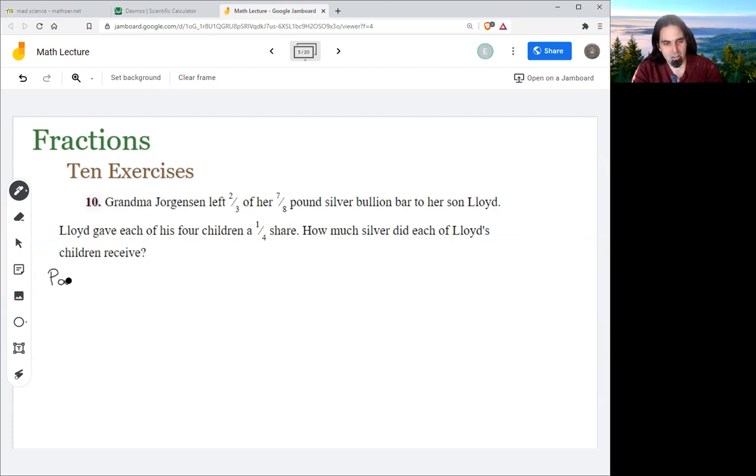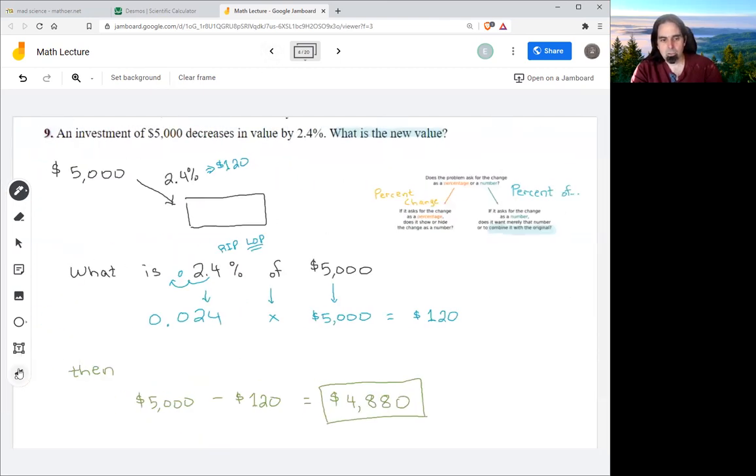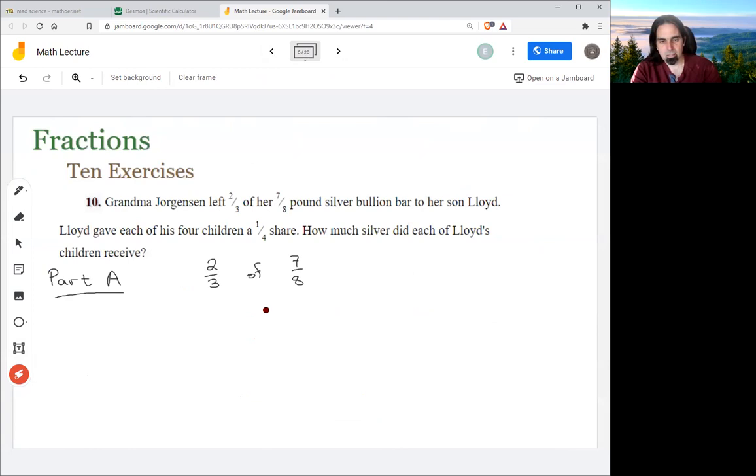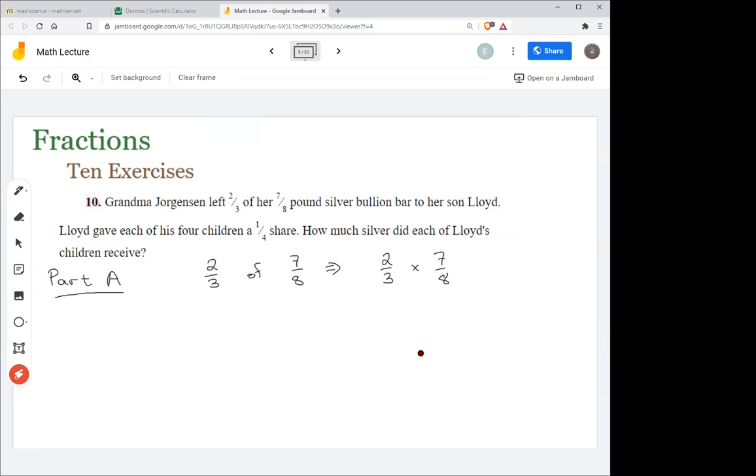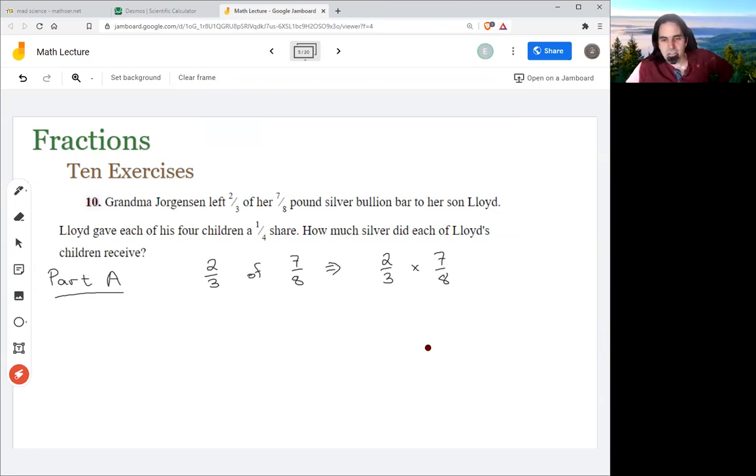So part A is 2/3 of 7/8. And again, of means multiply. How do I multiply fractions? Someone tell me, pretend I don't know. Do you cross multiply? Nope, we haven't done cross multiplying yet in class.